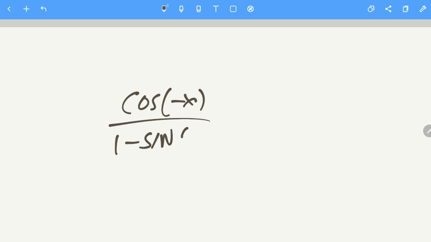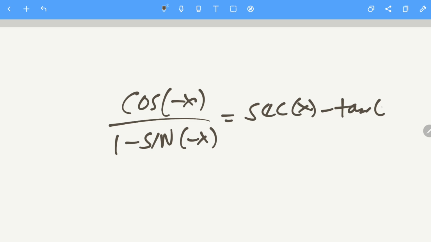Next example, cosine of minus x divided by 1 minus sine of minus x equals secant x minus tangent of x. In this example, the number of trigonometric functions on both sides is the same.